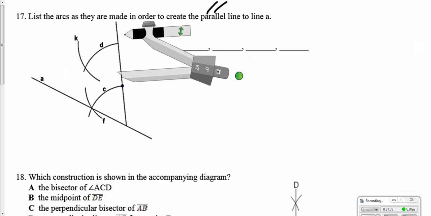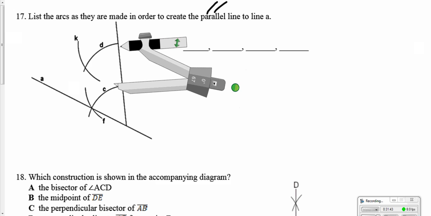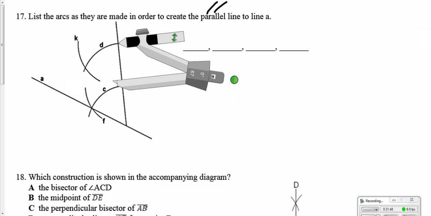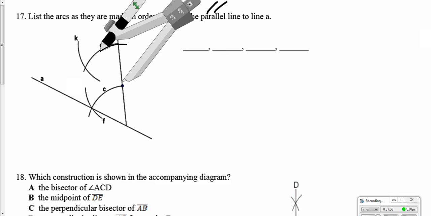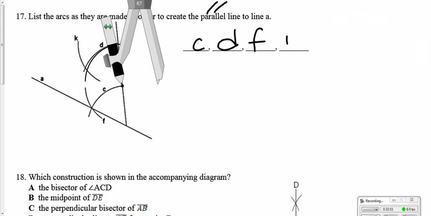And then we would bring it up and draw the arc up here. So we know that C got drawn first, and then D. And then from there, I would measure out the arc C and make arc F. And then measure out arc D, make arc K. And that's how I would make my parallel line.